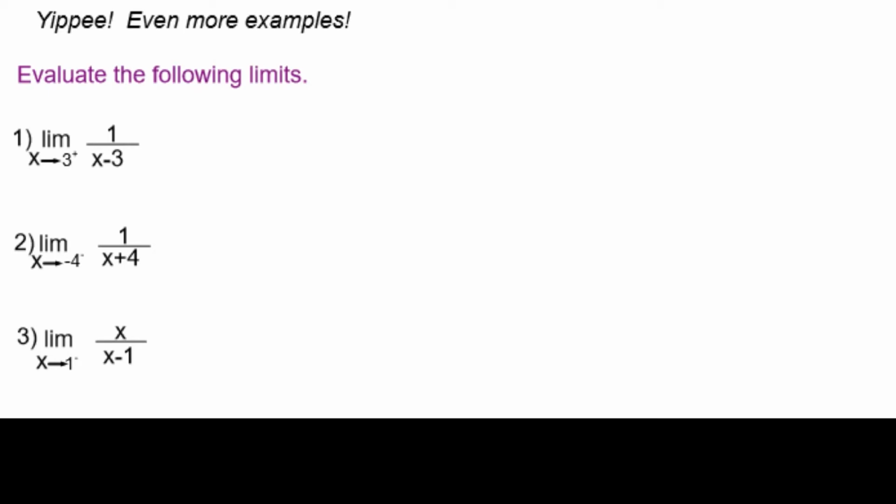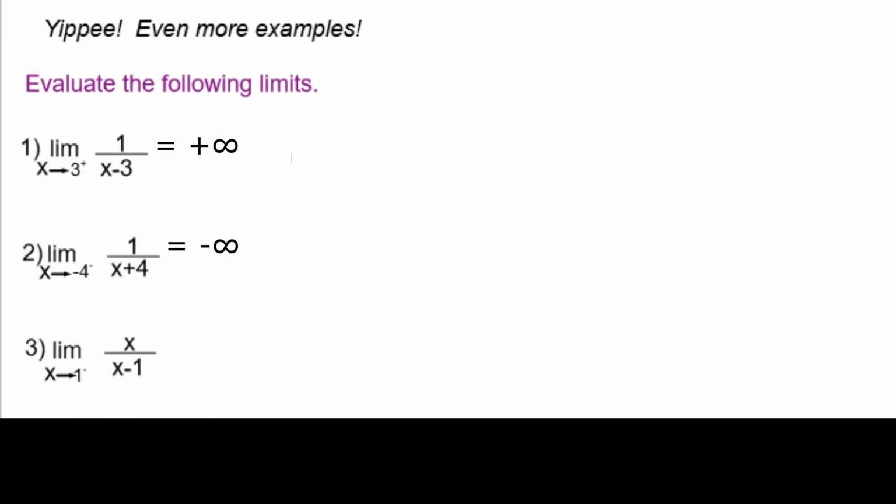So as x approaches 3 from the right, you get an answer of positive infinity. The next one looks like this is shifted to the left 4. Vertical asymptote there. As x approaches negative 4 from the left, the answer is negative infinity. And once again, you can throw these in the graphing calculator and check it out.